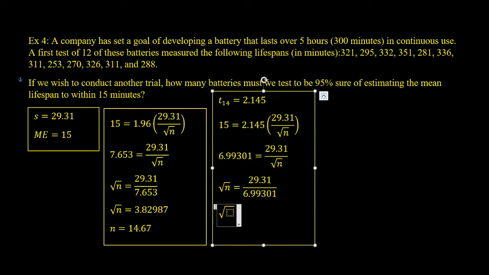The square root of n equals 4.19133 and n equals 17.57. So we need a slightly larger sample size with this T model.